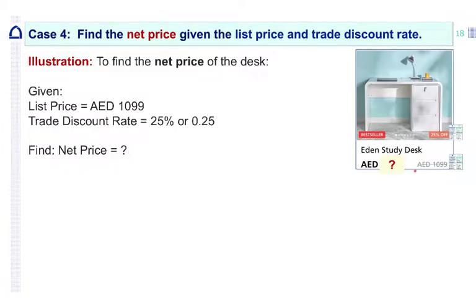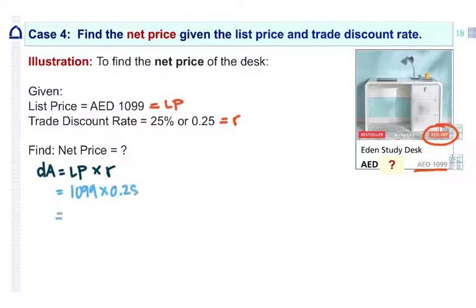Okay, in this example, we have the original expensive list price and we know that we're taking 25% off. So the list price is $1,099, the discount rate is 0.25. So if we use option 1, first we'll say, okay, the discount amount is the list price times the discount rate. So we will plug in $1,099 times 0.25, and we'll get the discount amount of $274.75 dirhams, but we're not done yet because they asked for the net price.